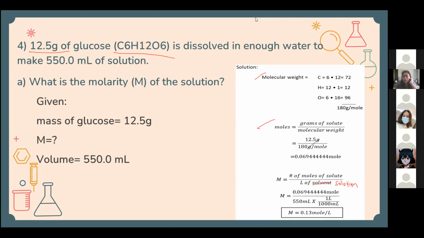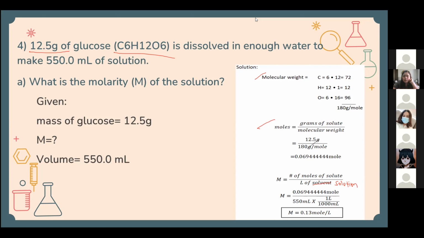So 6 times 12 equals 72. 12 times 1 is 12, since 1 is the atomic mass of hydrogen. And lastly, 16 for oxygen, so 16 times 6 is 96. Add them all up: 72 plus 12 plus 96 is 180. The unit for our molecular weight is grams per mole.